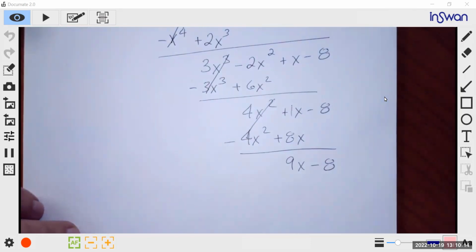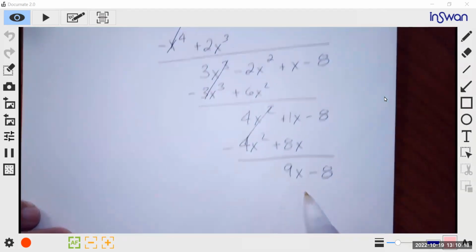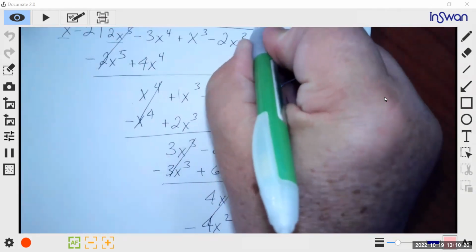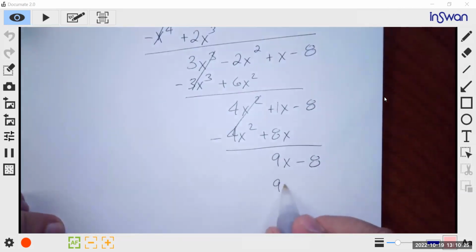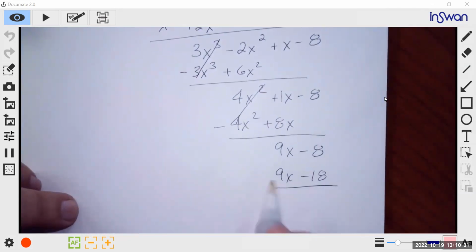Minus 8. What times x is 9x? Positive 9. 9 times x is 9x. 9 times -2 is -18. So change the signs.